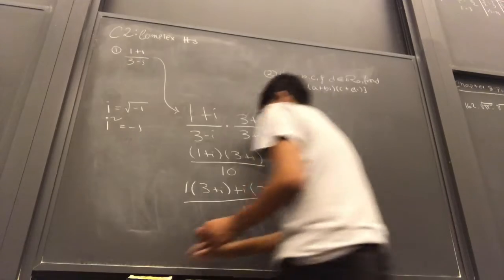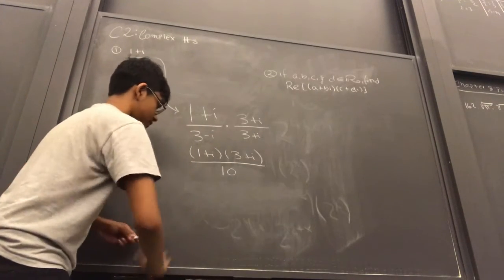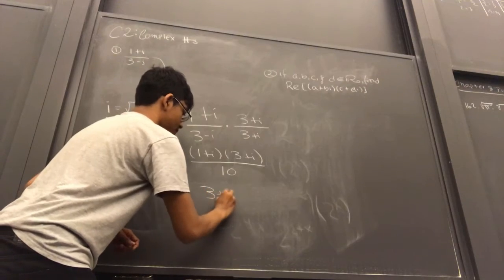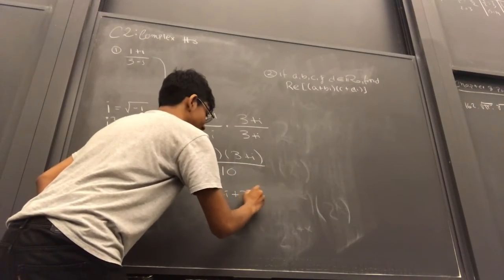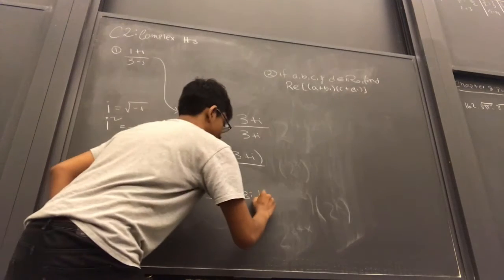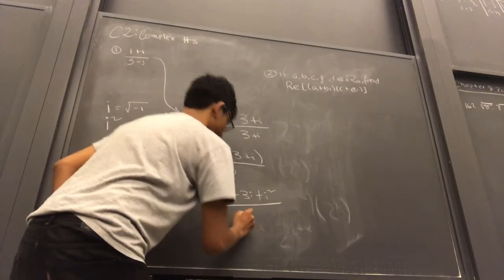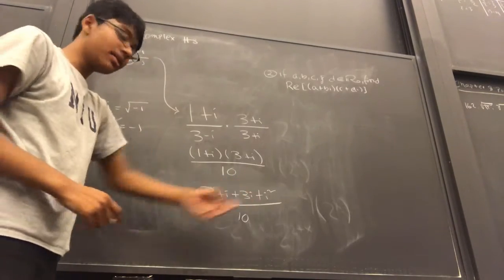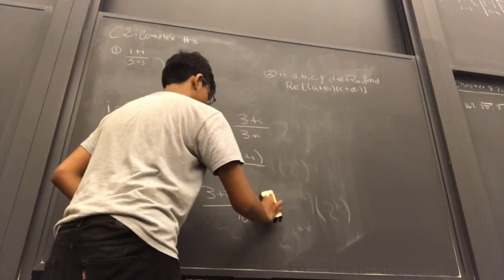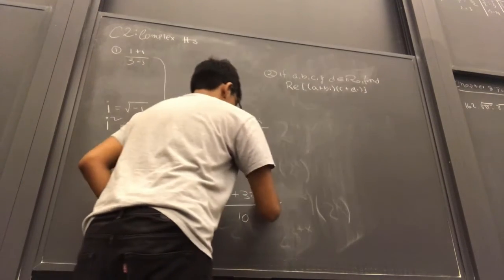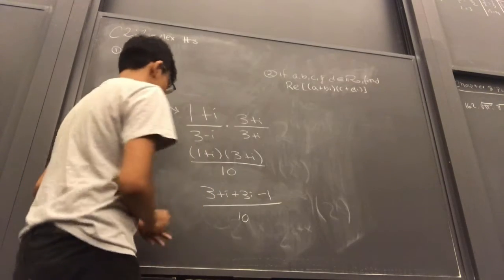So 1 times 3 plus i is just going to give us 3 plus i, and i times 3 plus i is going to be, well, i times 3 is 3i, and i times i is i squared. Okay, and we're going to go ahead and divide this by 10. i squared is -1. 3 minus 1, that's going to give us a 2.